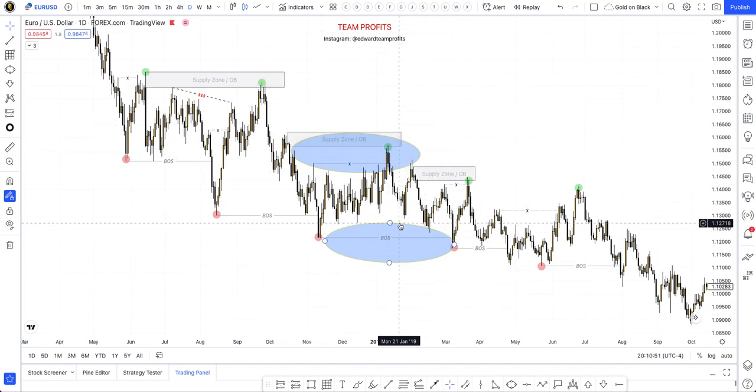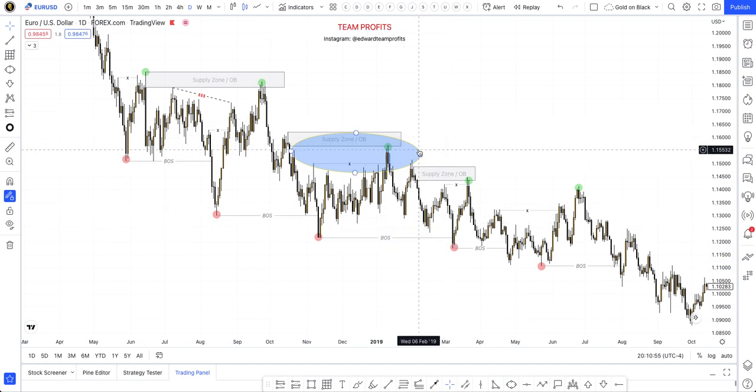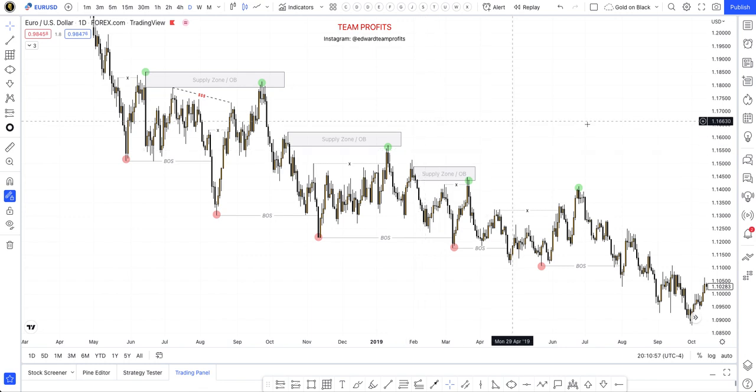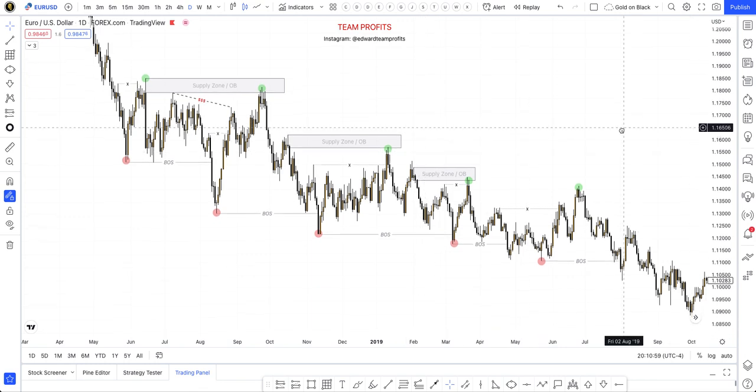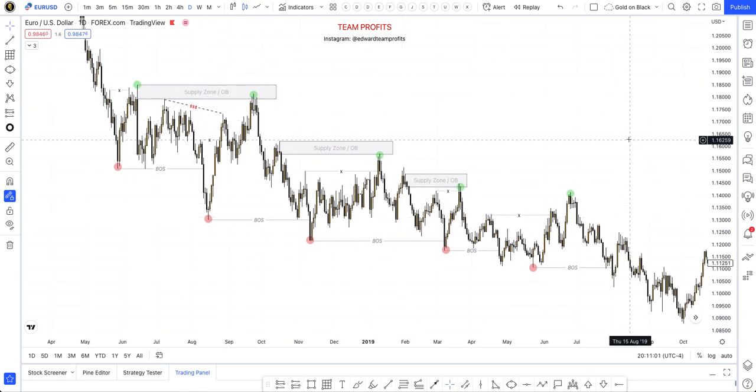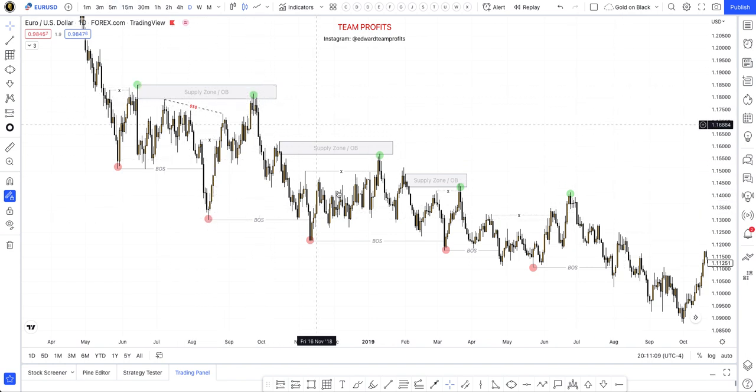You see, it takes a little while to understand it, but this is the correct way and the proper way to find and to draw your structure, okay? To understand how the market moves and when and where to highlight those zones. Where's the lower low, lower high?